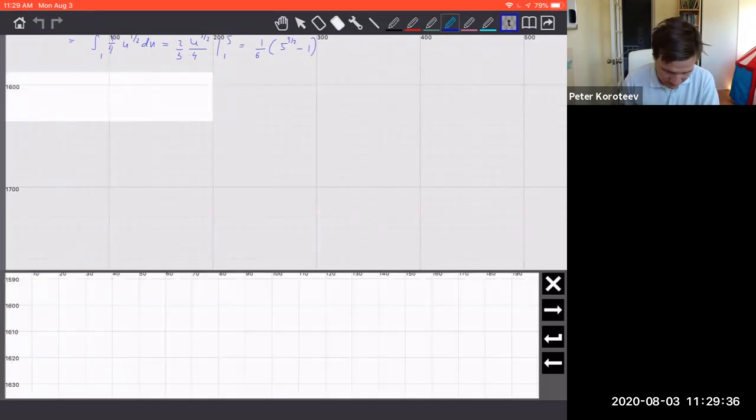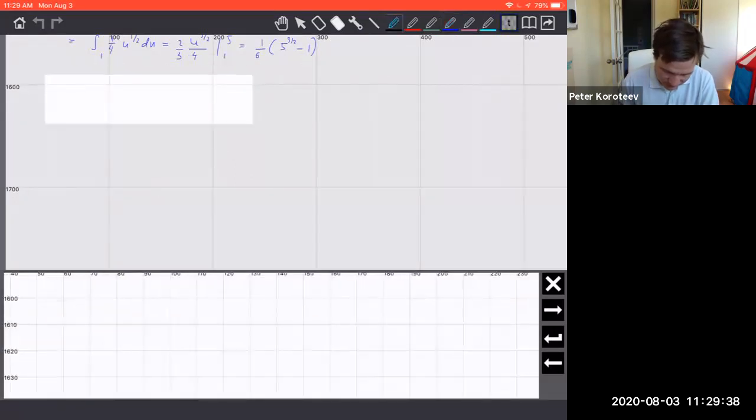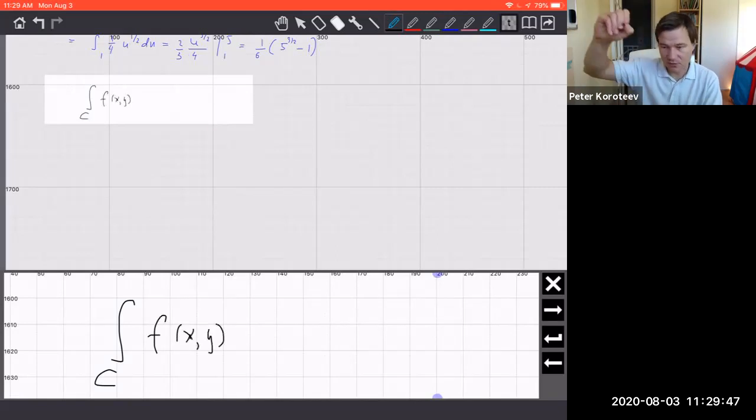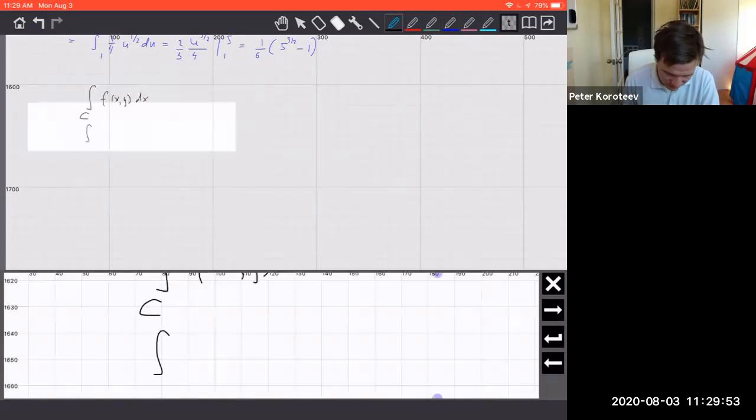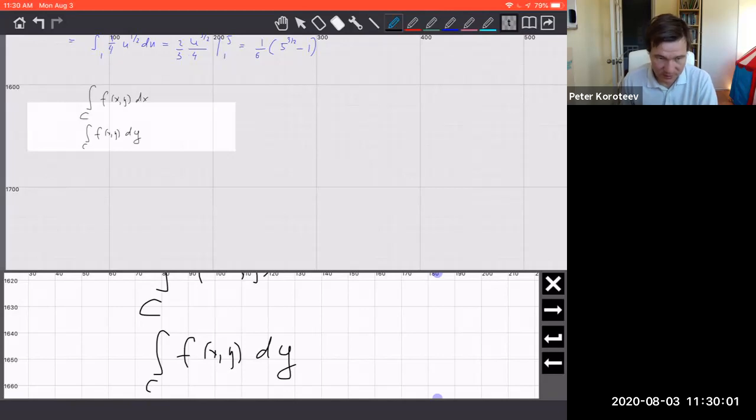In other words, we can integrate over the curve, but we don't want to integrate over the whole length of the curve, but rather just over x, or we want to do this over y. So in this case, we won't need to multiply by a square root.